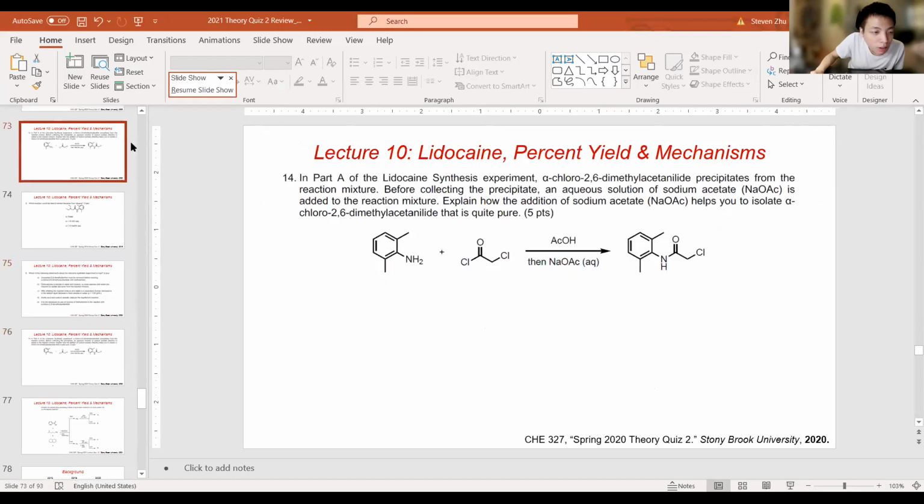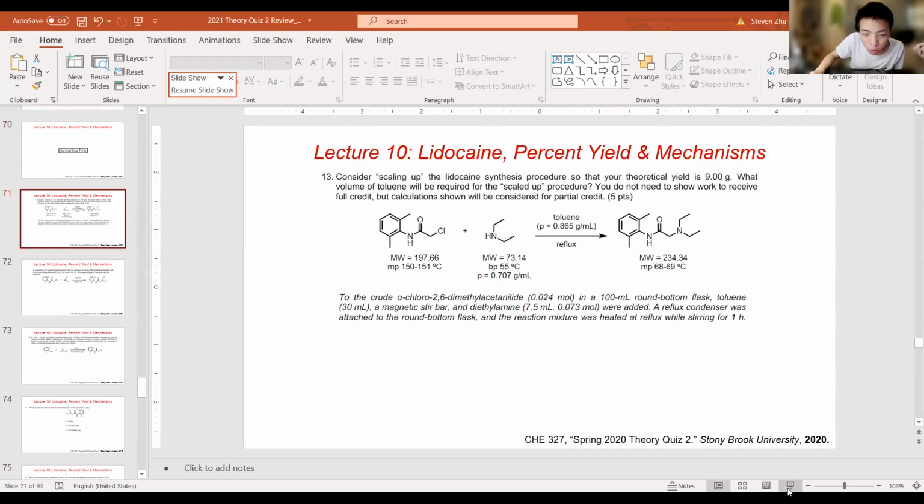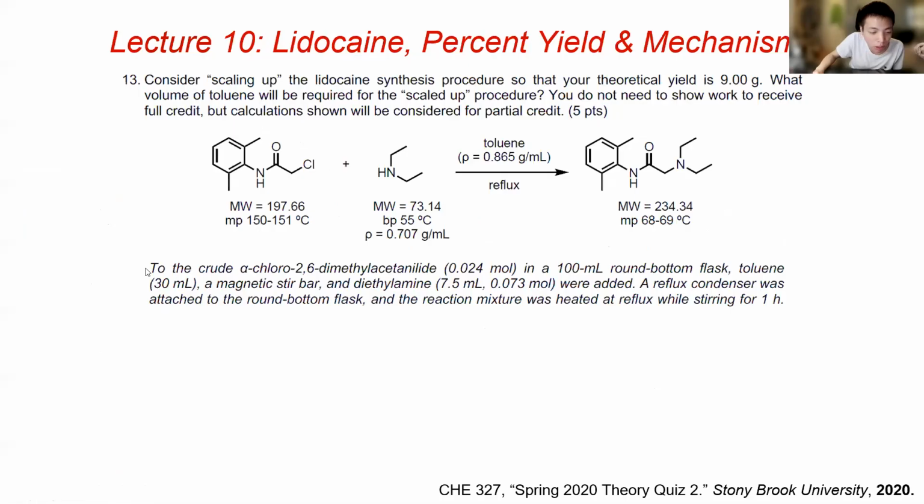And then back to the question. I'll probably just work through 2 or 3 of these and then move on to NMR. Okay, I got my pen. To the crude of the bottom flask, a reflux condenser, write down the emission. Okay, theoretical yield is 9 grams.